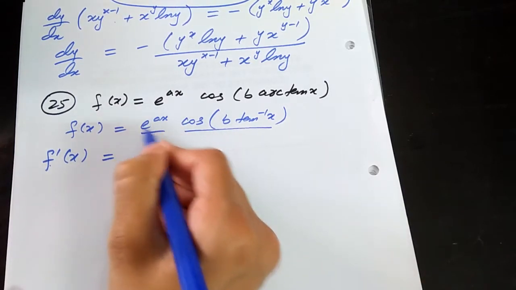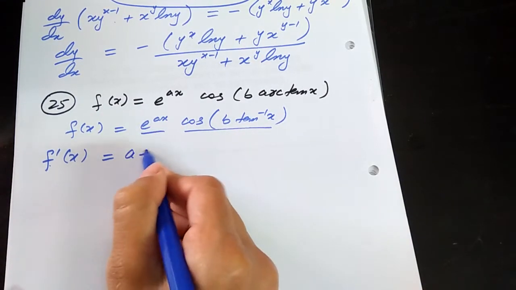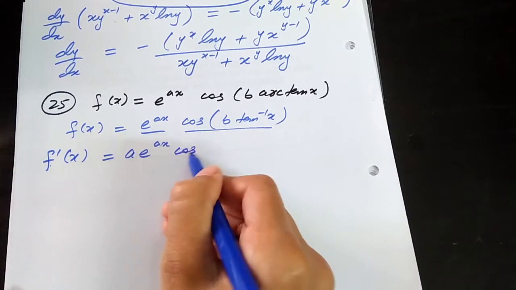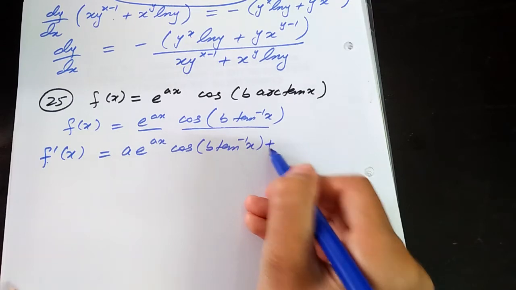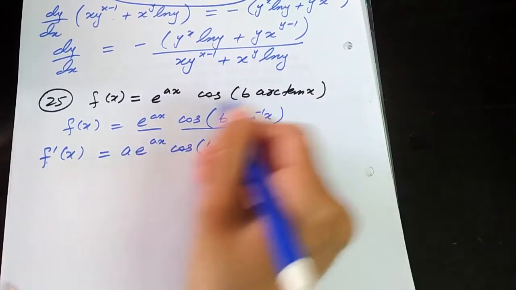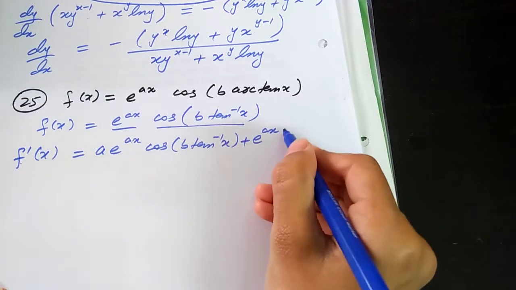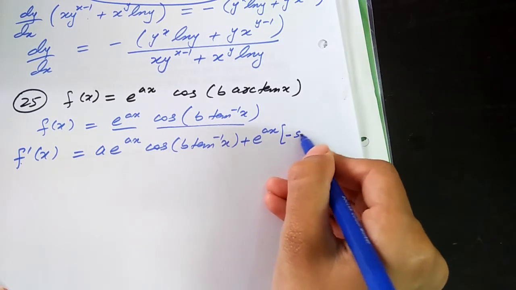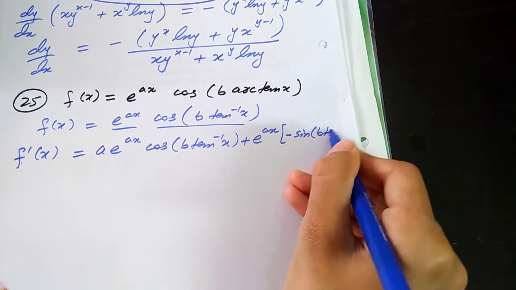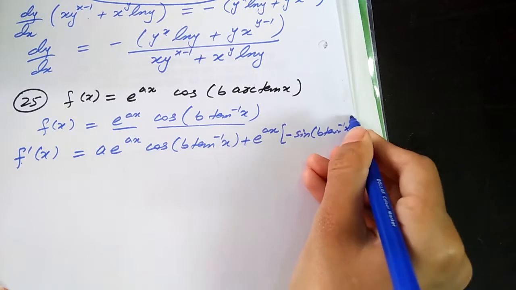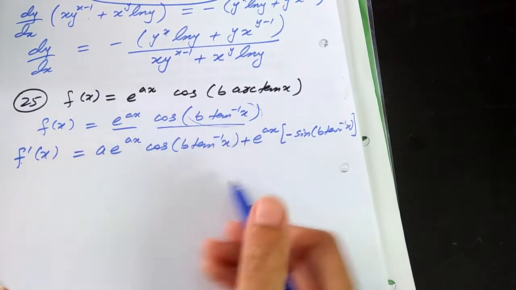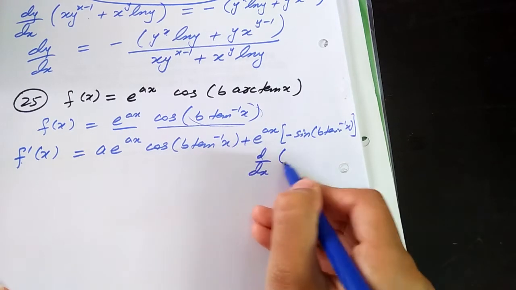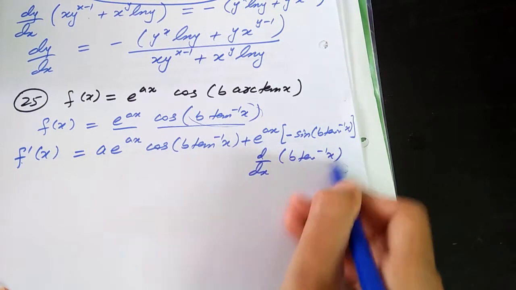First of all, I am taking the derivative of this function, that is a e raised to power ax, and the second function will be as it is. Now write the first function as it is, and the derivative of the second function will be minus times sine of b tangent inverse of x, and the derivative of this angle is d by dx of b tangent inverse of x.